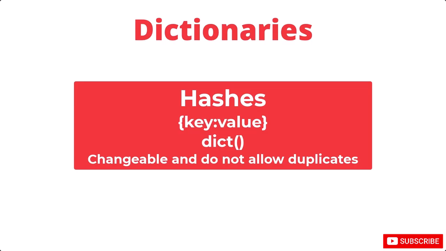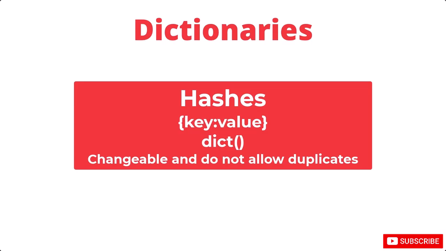There are other names for dictionary such as hash, map, and associative array. Dictionaries also are changeable and have no duplicated elements. You cannot repeat the same item or the same key-value pairs in a dictionary. If you want to store values in key-value pairs, you can use dictionaries to do this.